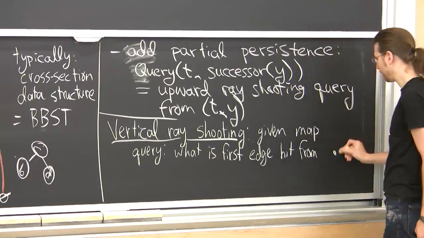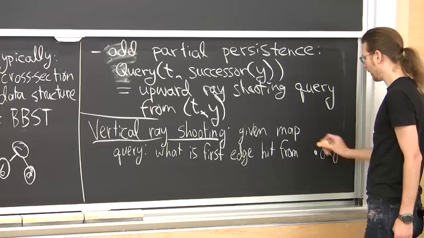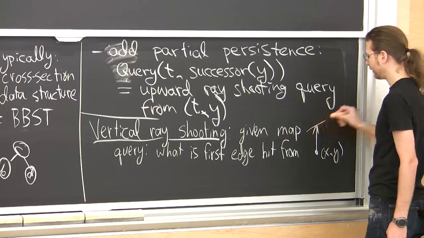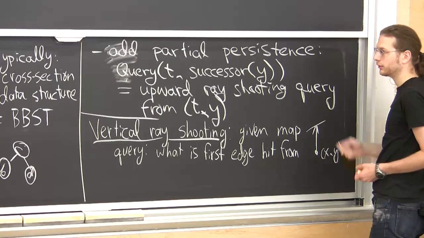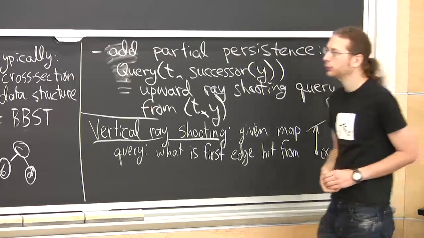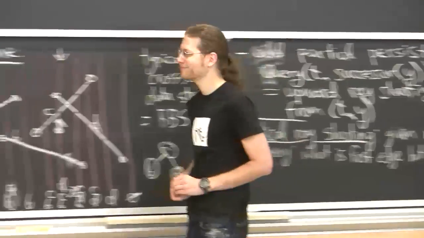So I give you a point x, y, and I ask if I go up from there, what's the next edge that I hit? That's the vertical ray shooting problem.